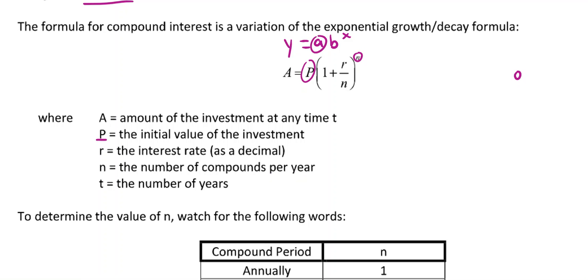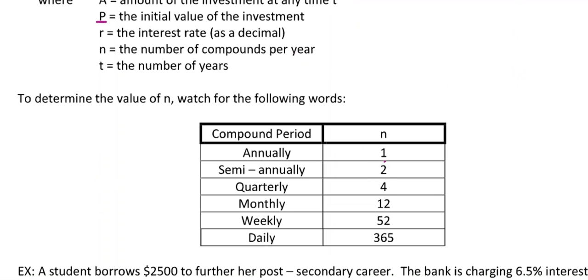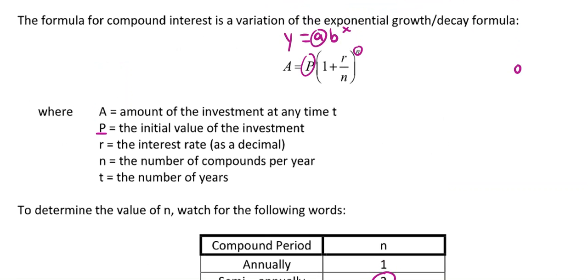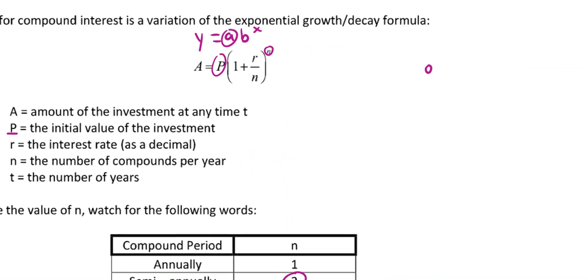So if something compounds semi-annually, like we're going to see in a second, what that means is that you get a certain interest rate, but halfway through the year it's going to look at that interest, and then you're going to be paying interest on that interest. Does that make sense? It's just looking at it twice throughout that year. Because here, let's back up a little bit more. I think it's worth going through.